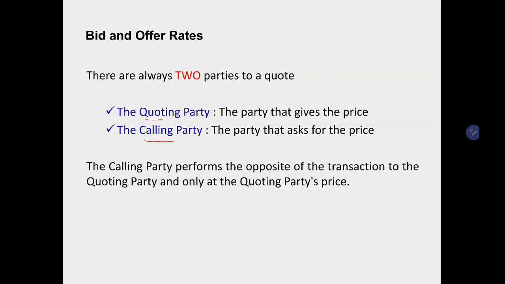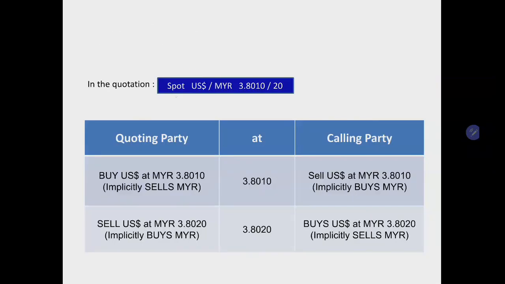Let's take an example. So this is the quotation rate. We have USD as the commodity currency and MYR as the reference currency, and we have 3.80. This is the big figure. And 10 is the bid price, while 20 is the offer price. So from here we can interpret this quotation.